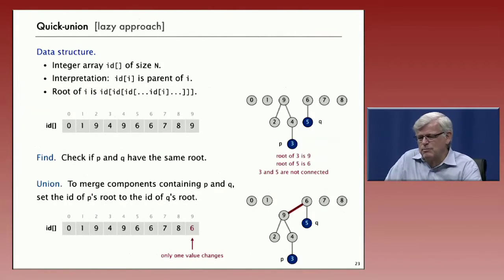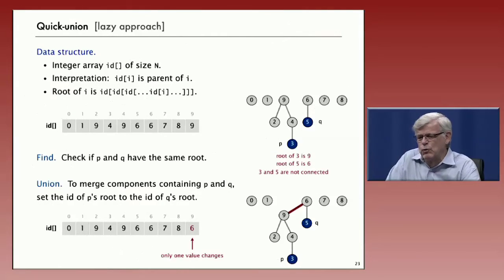To merge components containing two different items, all we do is set the ID of P's root to the ID of Q's root. That's make P's tree point to Q. So in this case, we would change the entry of 9 to be 6 to merge the components containing 3 and 5.